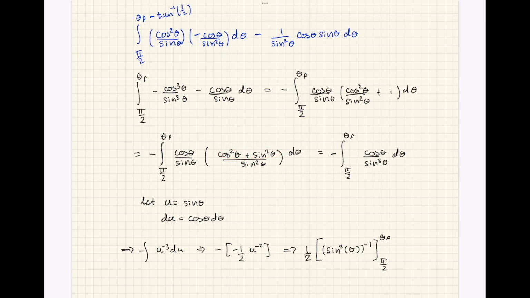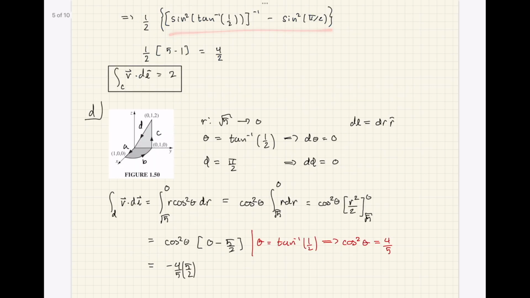Now my integral simplifies to cosine theta over sine cubed theta. We can integrate this with a u substitution by letting u equal sine theta, giving us du is equal to cos theta d theta. After substituting, integrating, replacing my u back with what it was, and evaluating, I'm left with 2.